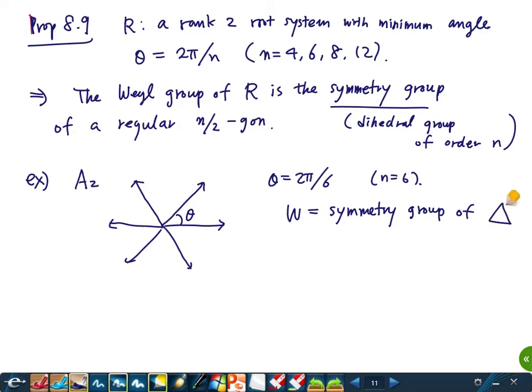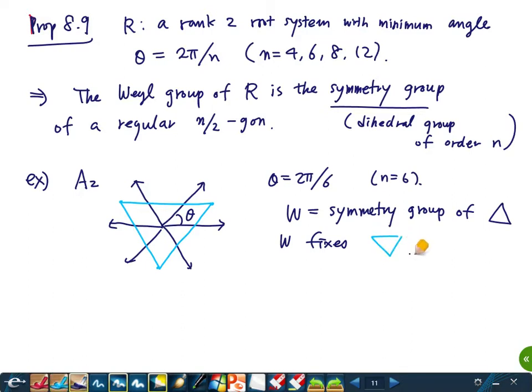So not a symmetry group of the hexagon, but a triangle, okay? So what is the triangle? Actually, we can specify such a triangle. W fixes the blue triangle.